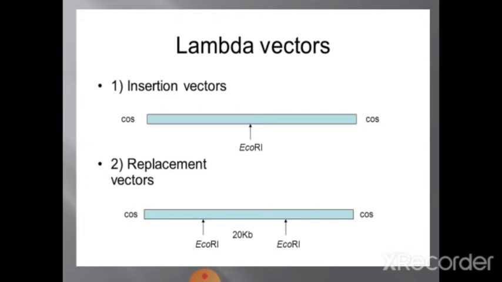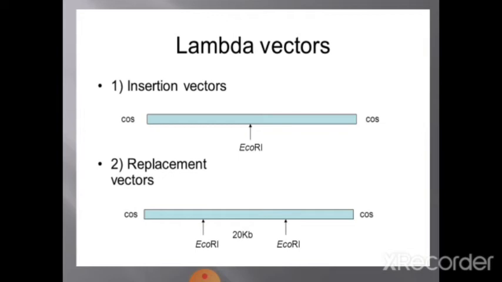Then people have designed another type of vectors making use of lambda phage only. They are called replacement vectors. You can make out in the diagram, the replacement vectors have two recognition sites. They will have two recognition sites instead of one as you see in insertion vectors.